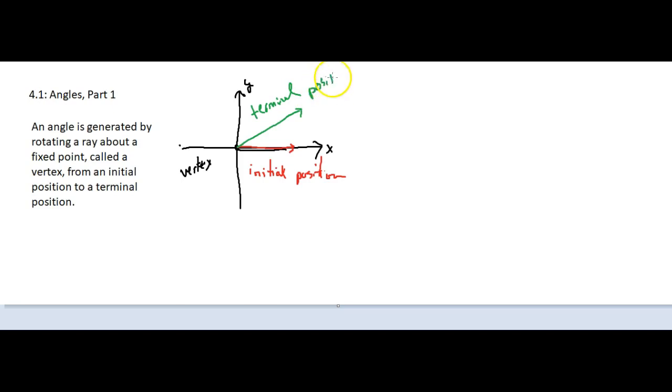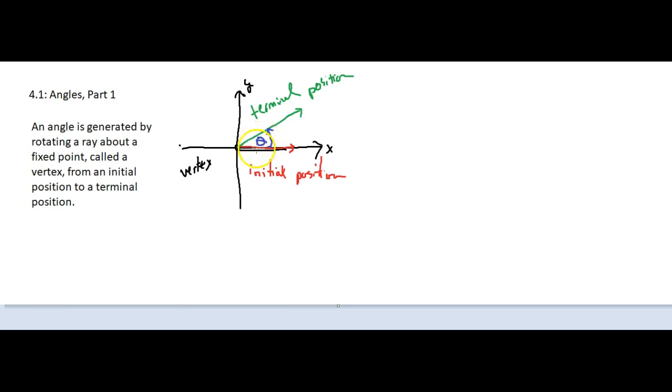Later we will move around the circle. So then our angle theta actually has started from 0 degrees here, rotated in this direction, stopped at a terminal position, and that's the angle in question right there, theta.